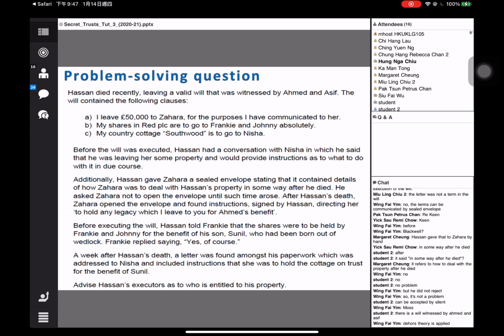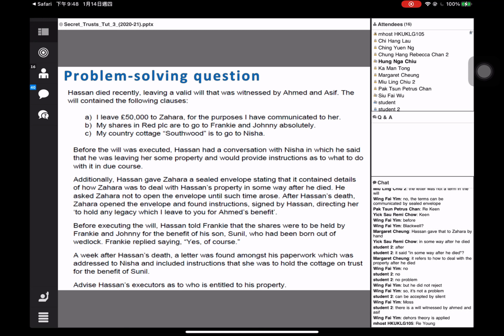And this is the approach that was taken in a case called Re Young. I think I mentioned it in the lectures. A case of Re Young. Now this supports the dehors the will theory. So if we apply the Re Young case, that supports the dehors the will theory, so Section 15 would not be a problem for us.